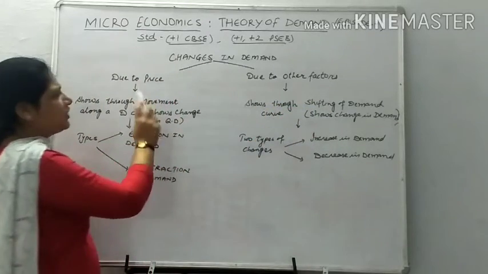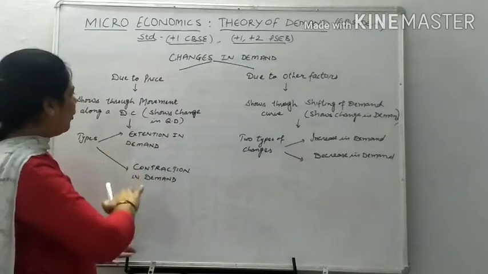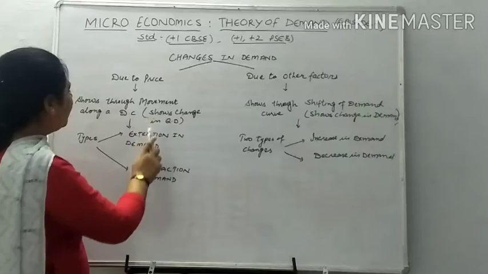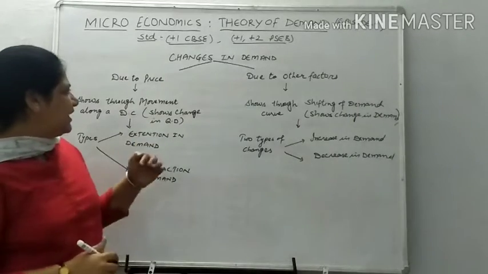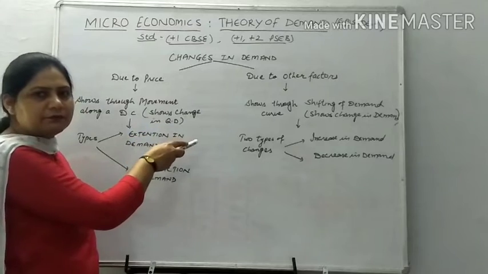If there is a change due to the price of a commodity, we call it change in quantity demanded. We can show this change in demand through movement along a demand curve.